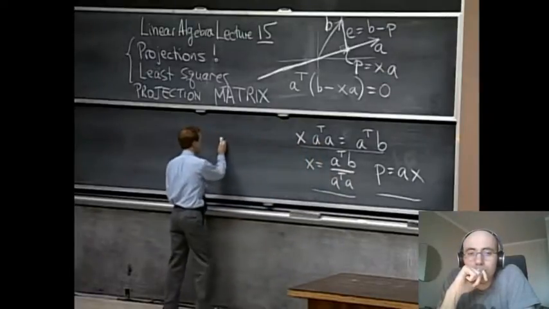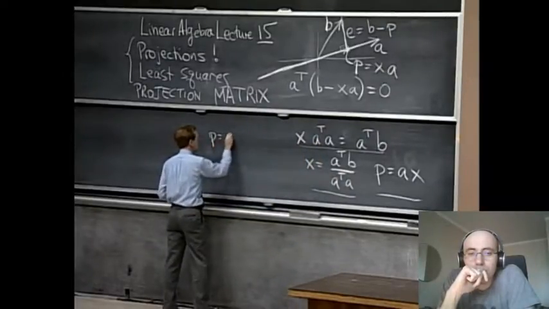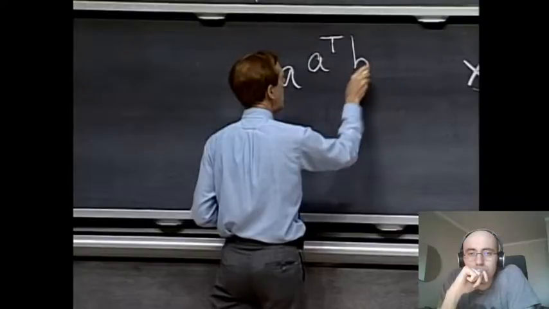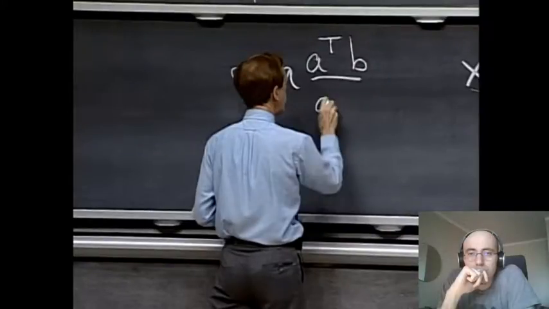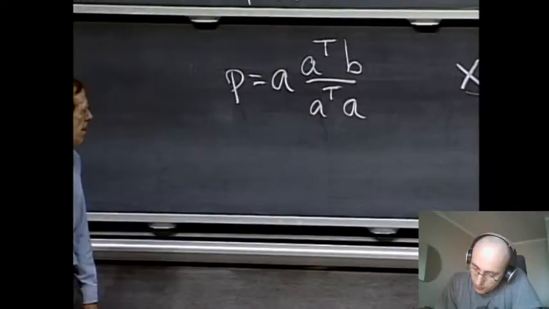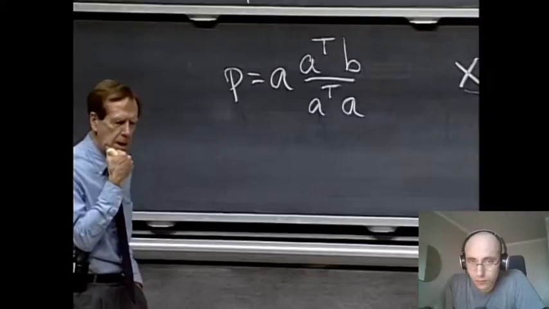Can I write that then? P is A times this number, A transpose B over A transpose A. That's our projection. Can I ask a couple of questions about it, just while we digest that formula?